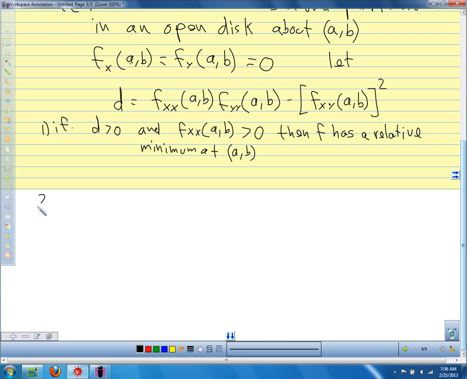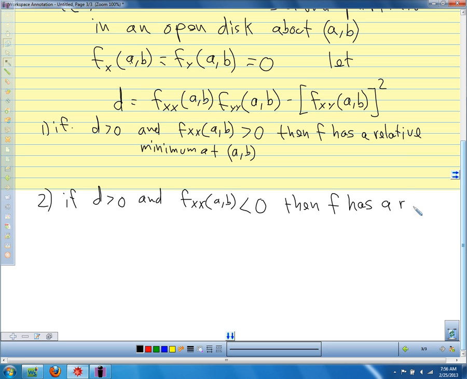Our second condition, if D is greater than 0, and our second partial with respect to x is less than 0, then f has a relative maximum at our point.